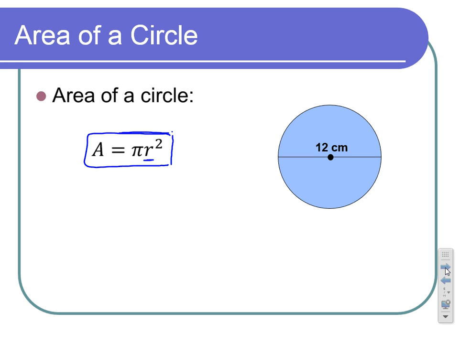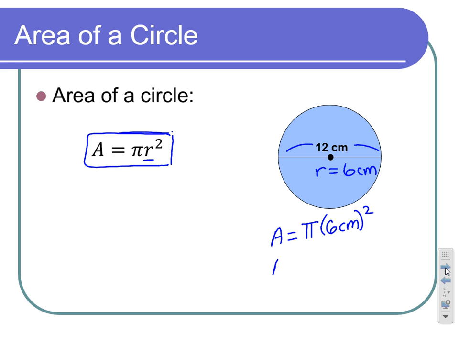So over here on this example, if my diameter is 12, that means my radius is 6 centimeters. So my area would be pi times 6 centimeters squared.